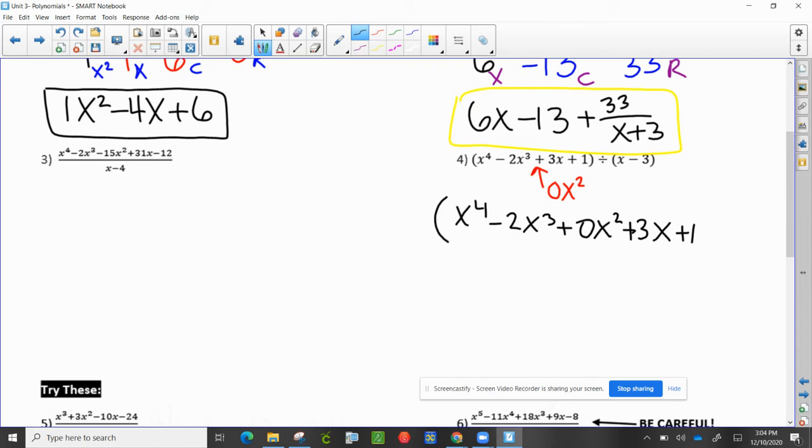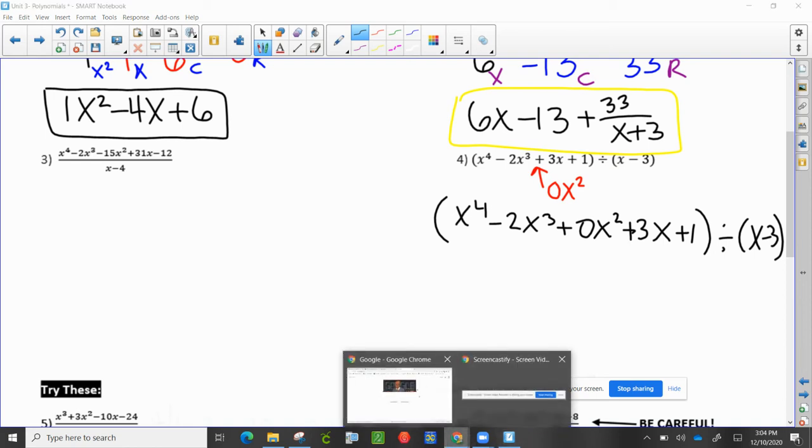Okay. If we divide that by x minus 3, we're ready for synthetic division. So anytime you have a missing term, add it in with a 0 placeholder, and it should help you get your answer there.